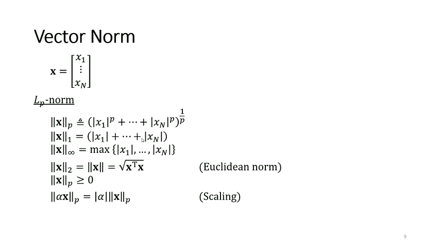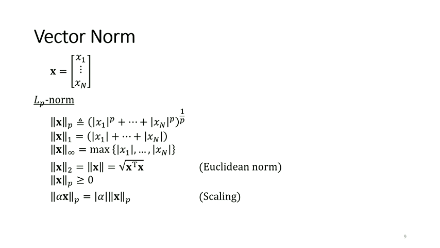It gives you a scalar. So what I do is take the absolute values of all the scalar elements to the power of p, add them all up, and then take the pth root. That is the definition of the Lp norm.